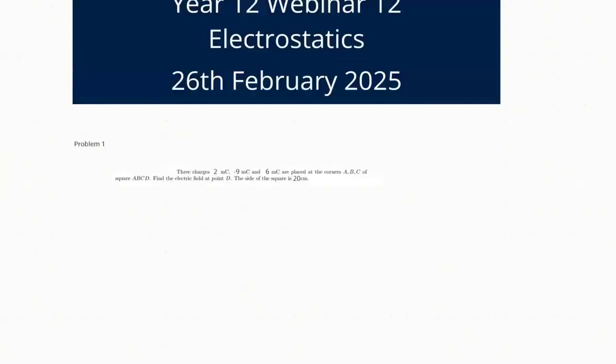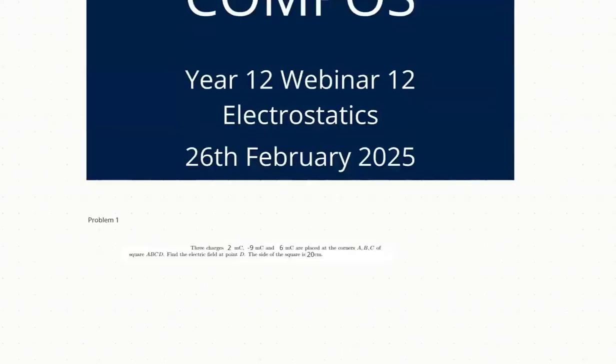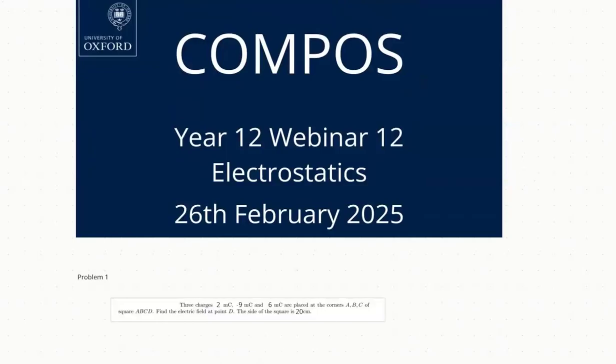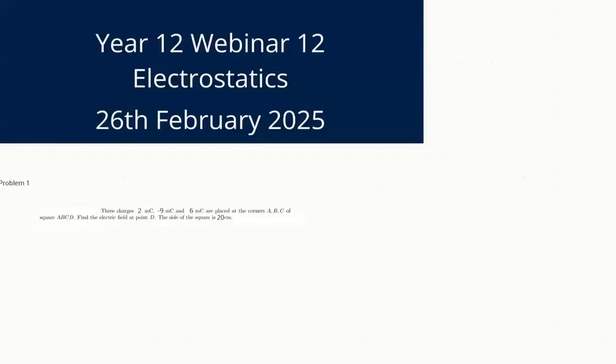Okay, so today's topic is electrostatics, and we start with Coulomb's law.